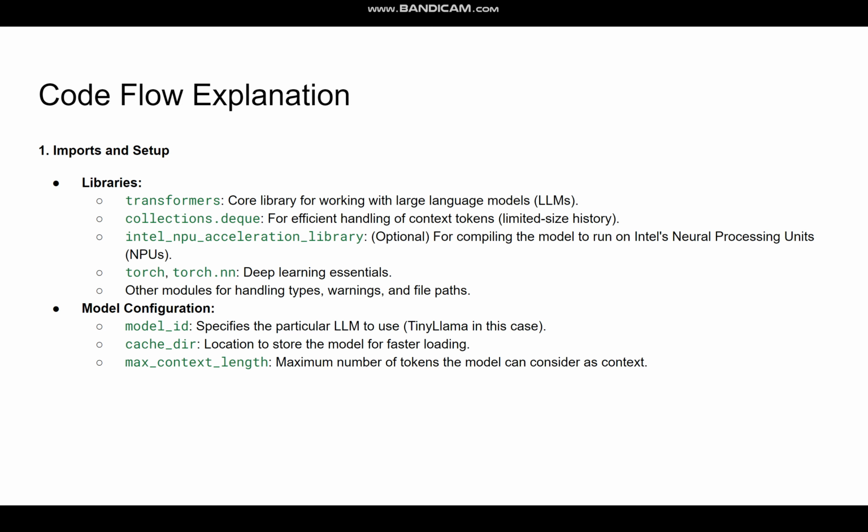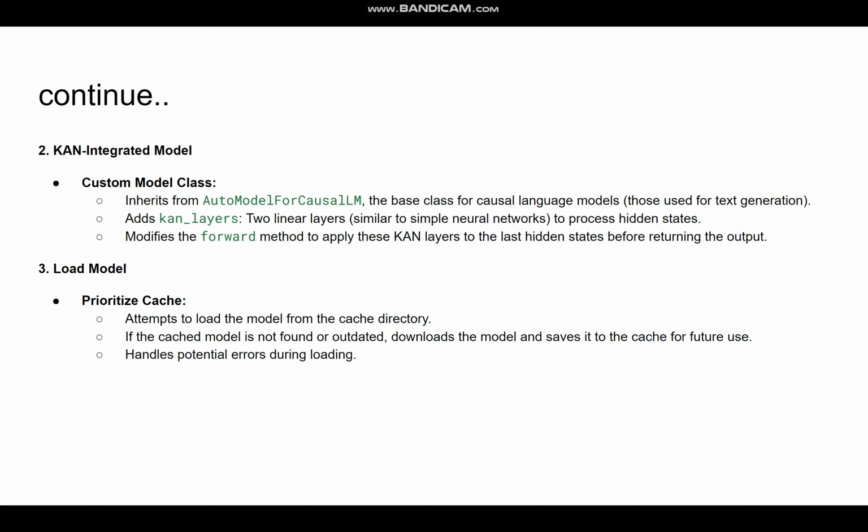We are using torch and torch.nn, deep learning essentials for tensors, and other modules for handling types, warnings and file paths. Model ID is the TinyLlama LLM that we are using from Hugging Face. We are using a cache directory location to store the model for faster loading, and we have set a maximum context length of 4096 tokens.